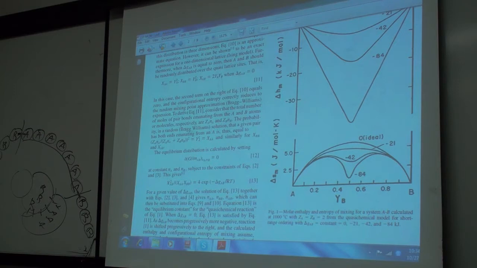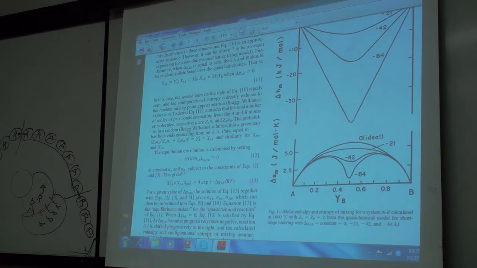To derive equation 11, consider that the total number of moles of pair bonds emanating from the A and B atoms or molecules are ZANA and ZBNB. So you've got ZANA coming from the A's and ZBNB. The probability in a random solution that a given pair has both ends emanating from an A is thus equal to ZANA over ZANA plus ZBNB, squared, which equals YA squared, and similarly for XBB and XAB.